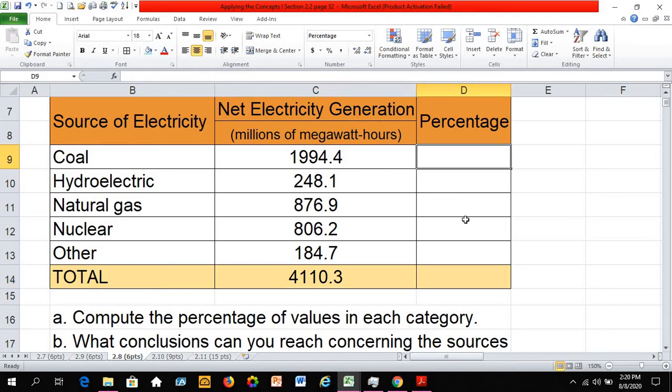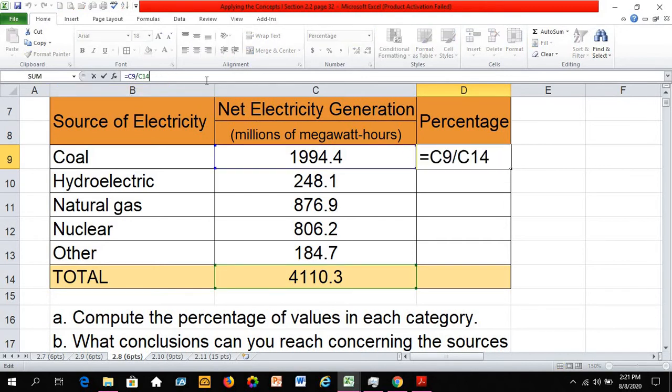Percentage, the same process like the previous two items. Press equal sign, then press C9 for our numerator, divided by our denominator, that's the total of the frequencies, then press enter. So again, in decimal that would be 0.485221, but in percent, that will appear as 48.52%, but I can round it up to a whole number.